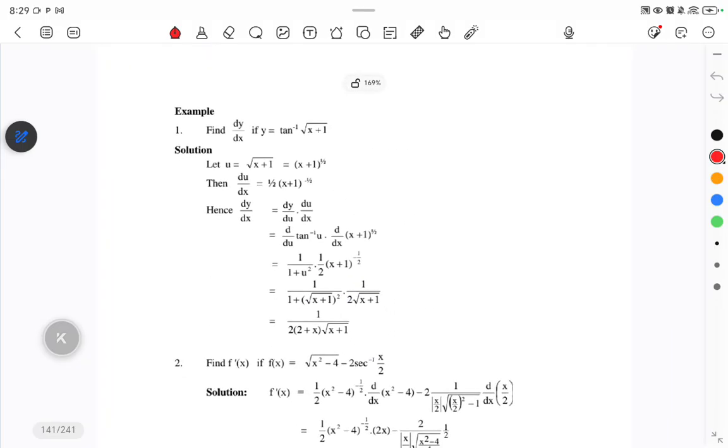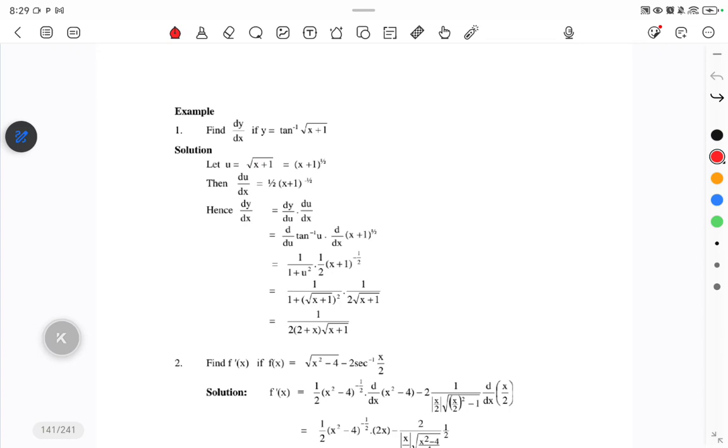If we do that, and then we come to this now. They say we should find dy over dx if y is equal to arctan of root of x plus 1. You see, right?